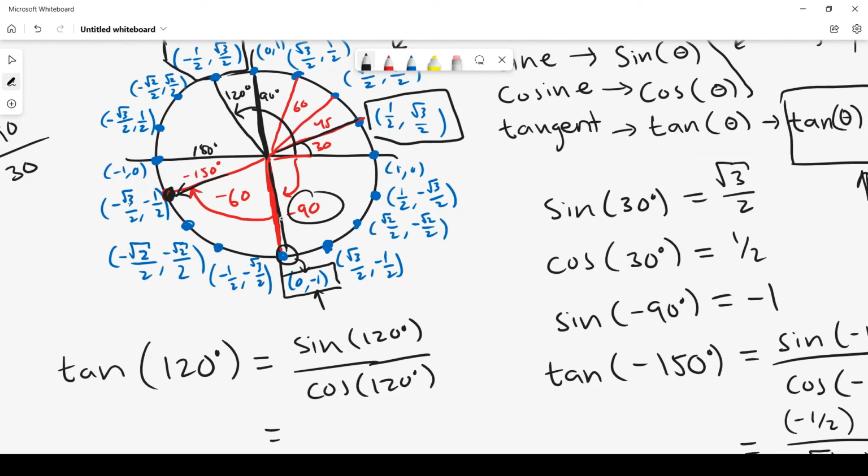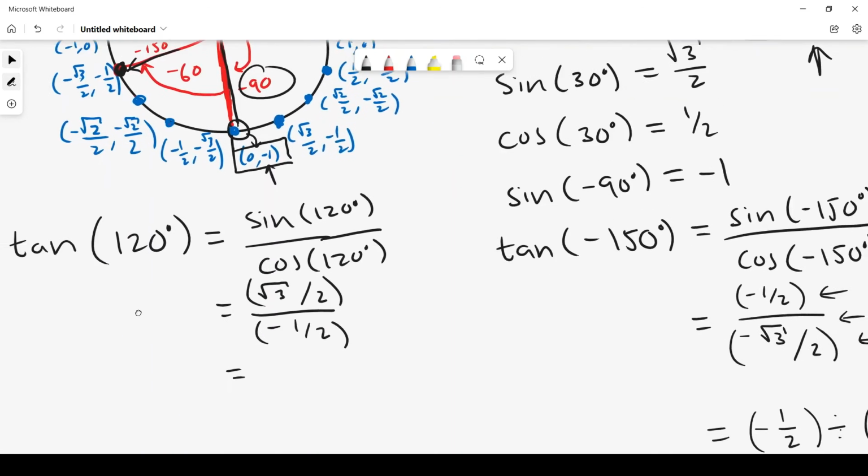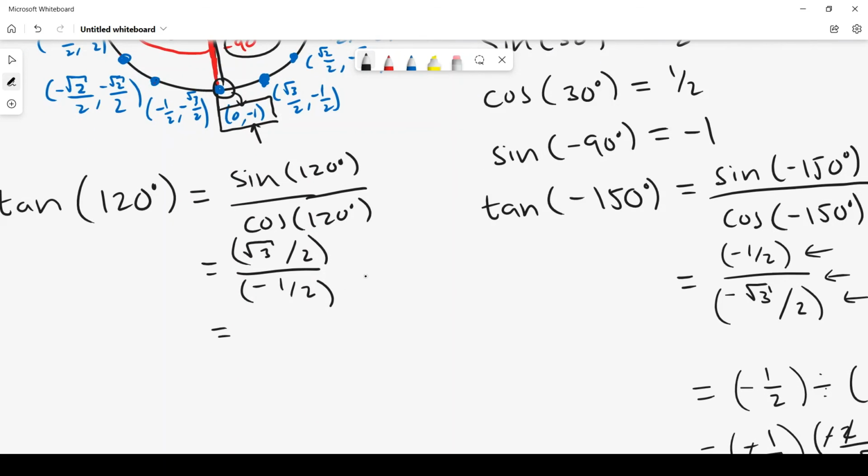Sine of 120 degrees, that's going to give us our y value, root 3 over 2. And then our x value is our cosine, which is negative 1/2. And then we do the same process as we just did before for our negative angle when we're using tangent, in which we're going to have keep, change, flip.